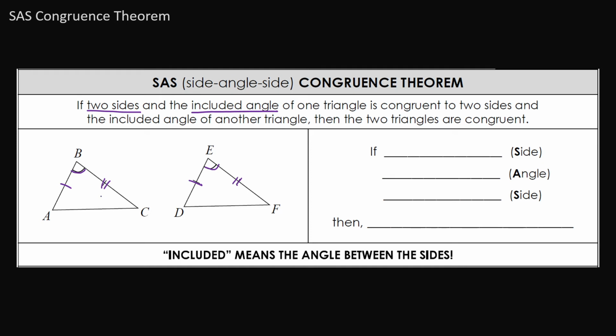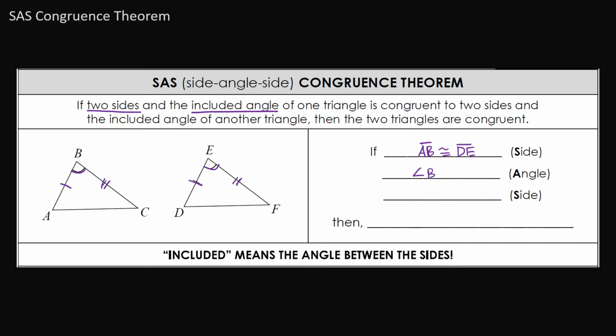If two sides and the included angle of one triangle is congruent to two sides and the included angle of another triangle, then we can say that the two triangles are congruent. So let's write this out. If side AB is congruent to side DE, and then our included angle, angle B, is congruent to angle E. Let me add segment marks here.